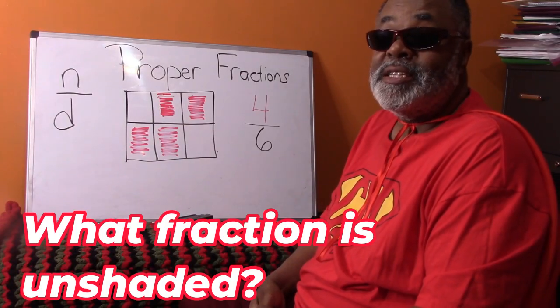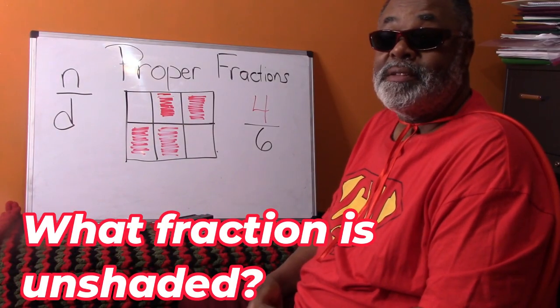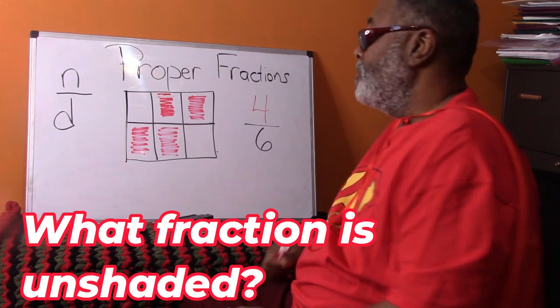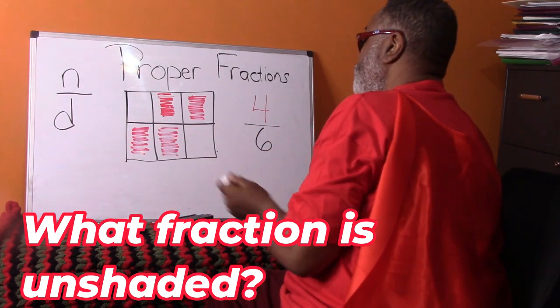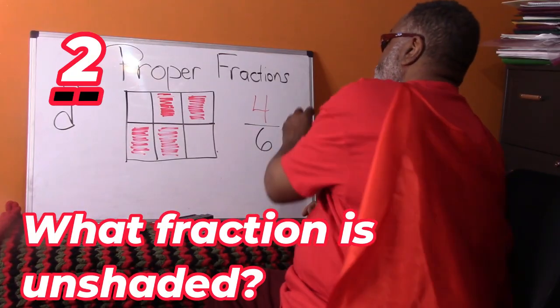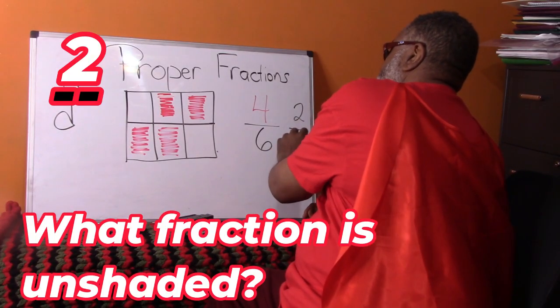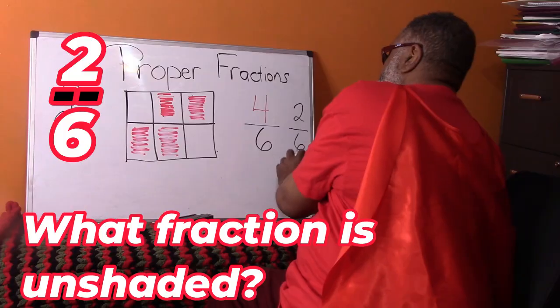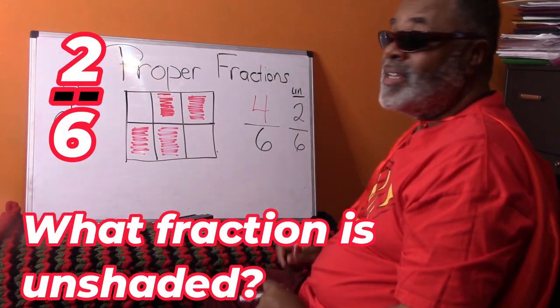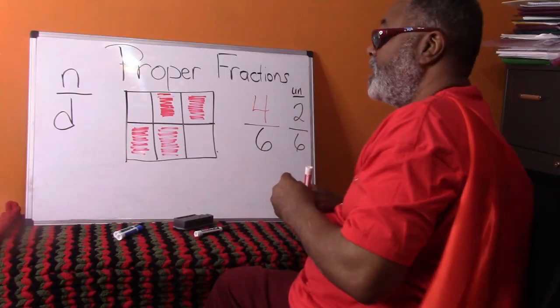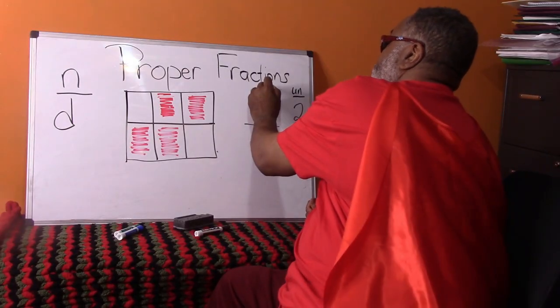What fraction is unshaded? Well, this is not shaded and this is not shaded. So 2/6 is unshaded. I put U for unshaded, and 4/6 is shaded.